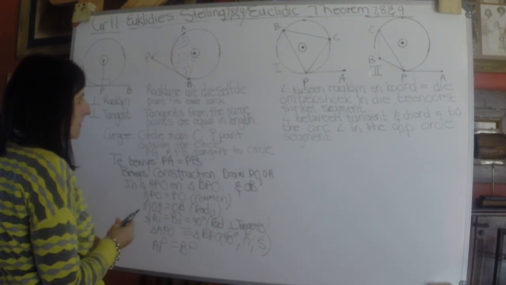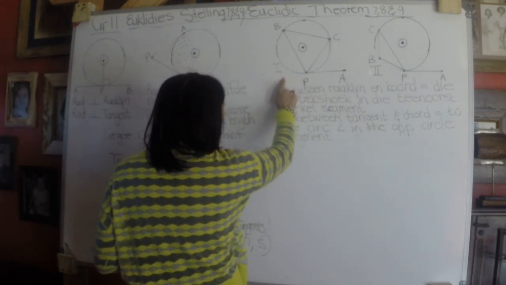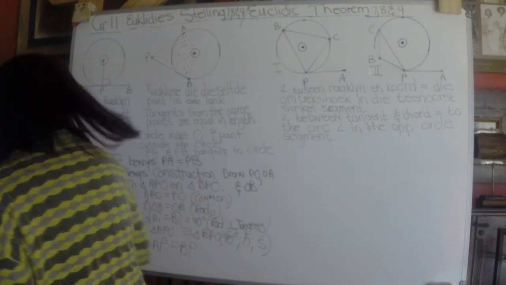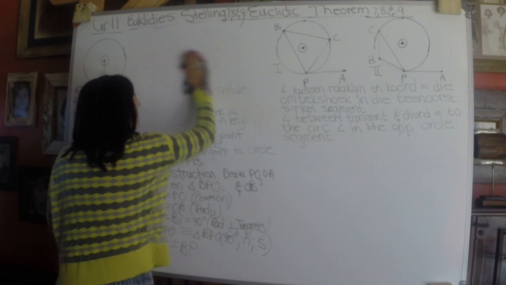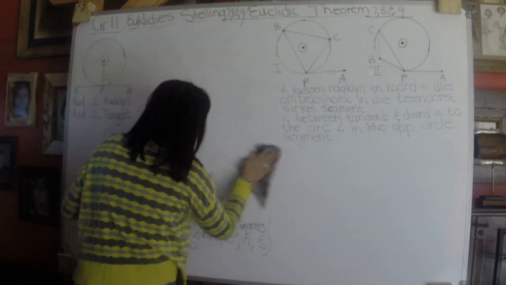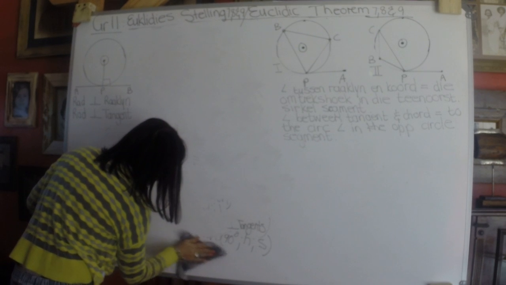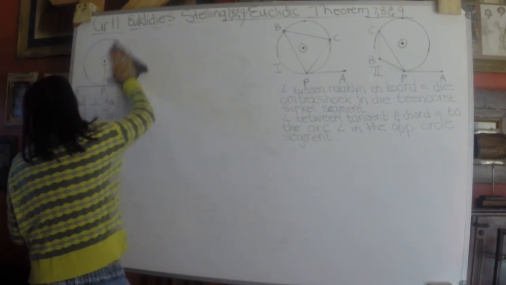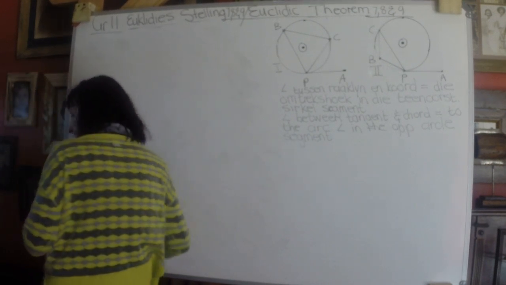So let's first again, we've got two cases. We've got a number 1 and a number 2 case. So I'm going to make some space so that we can work. Okay, let's look at case number 1.